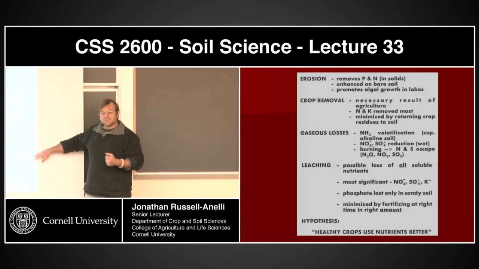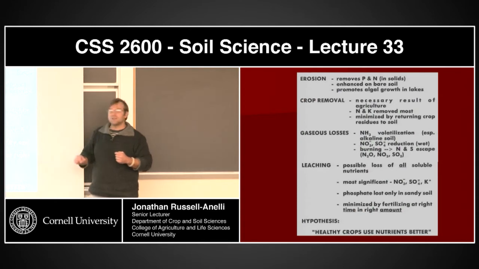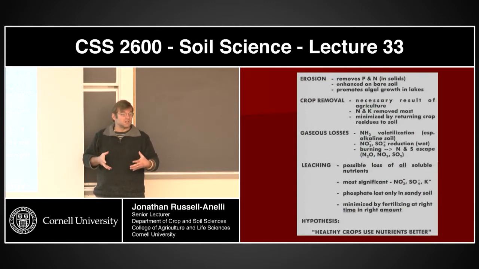We can minimize this loss. Actually, we can minimize most of these losses by doing the right thing management-wise, but when we're talking about leaching, we can minimize this loss by fertilizing at the right time and in the right amount. Why am I going to put excess nitrogen on the system when most of that's going to be leached away? The reason I'm putting nitrogen on the system is for my plants, so I want to put it in a form that the plants can optimize getting and minimize its loss. Classic example there would be that slide that I showed you about rice.